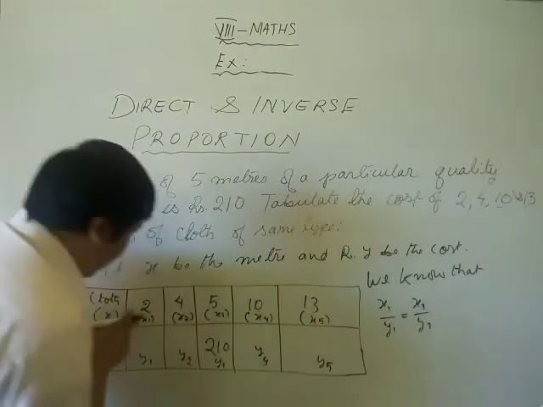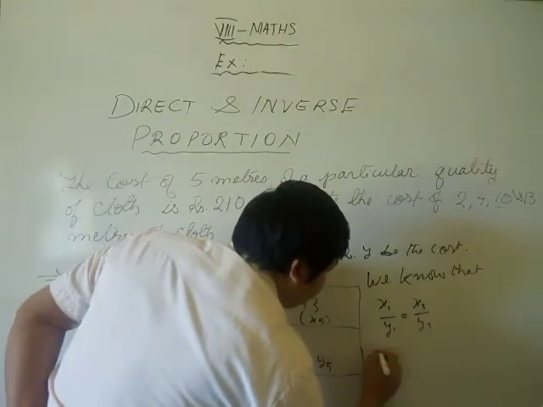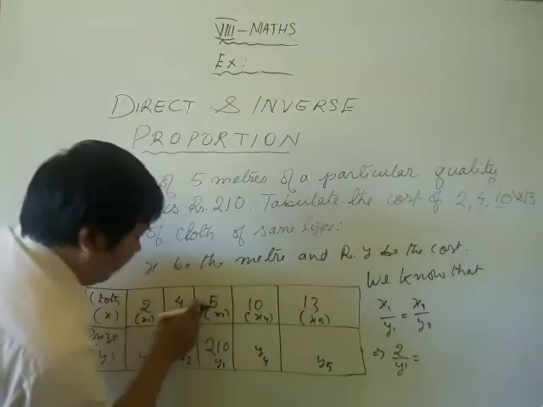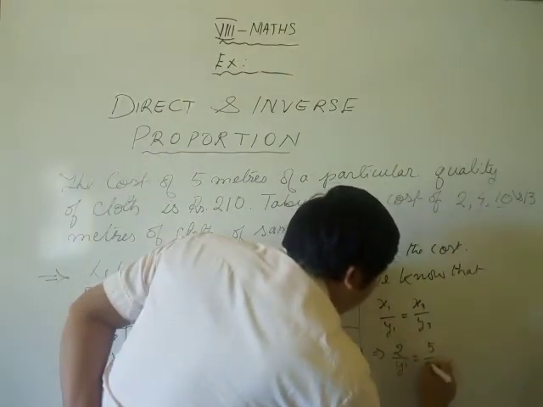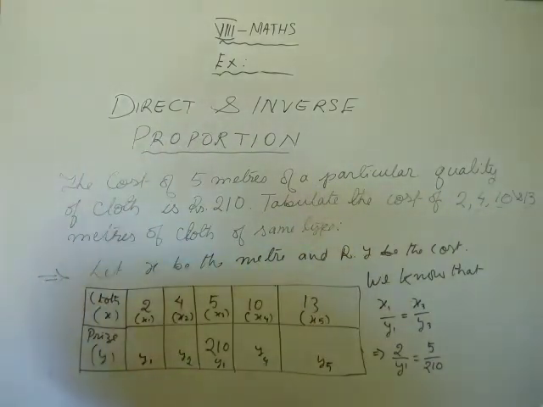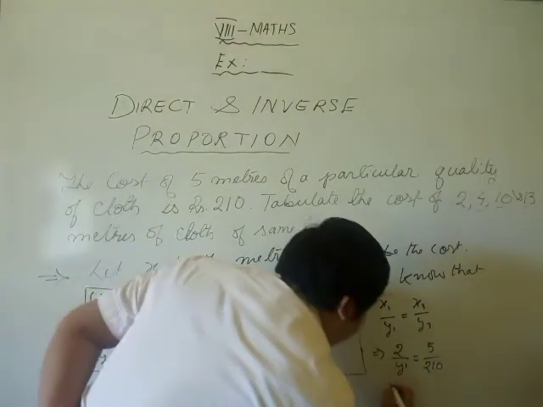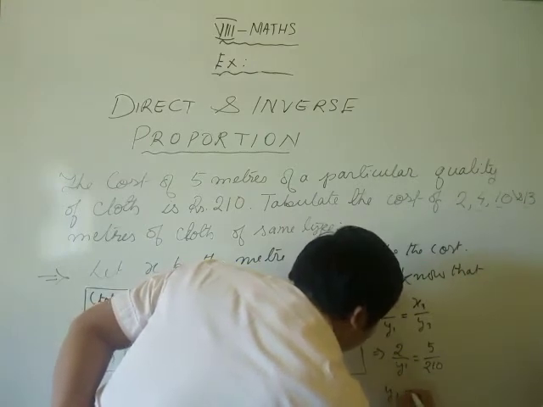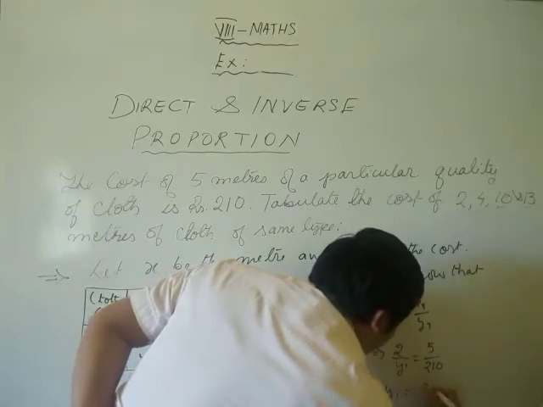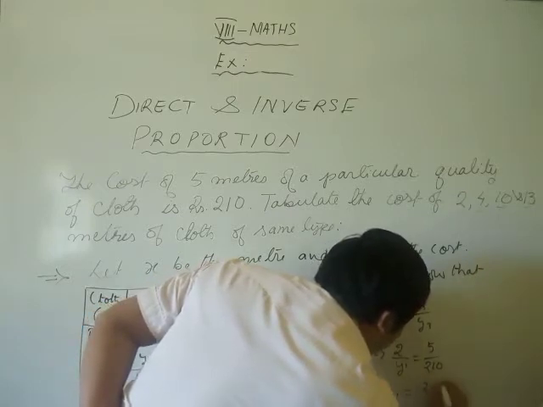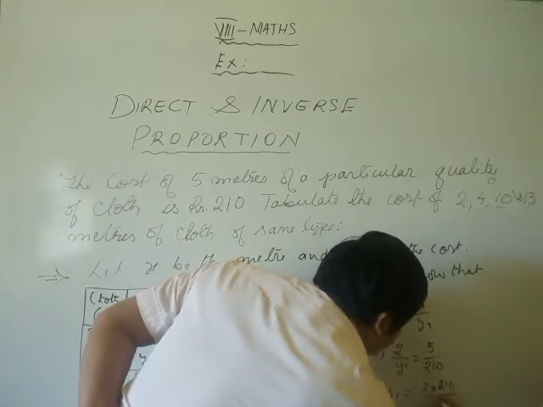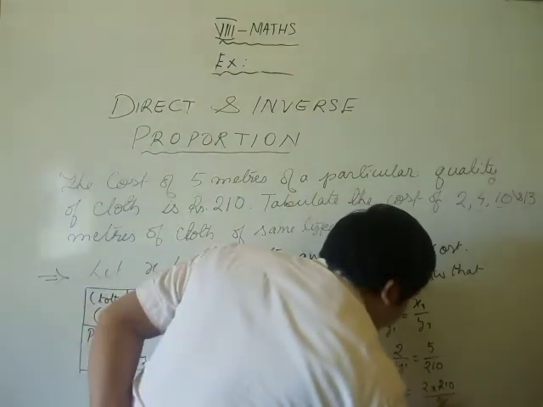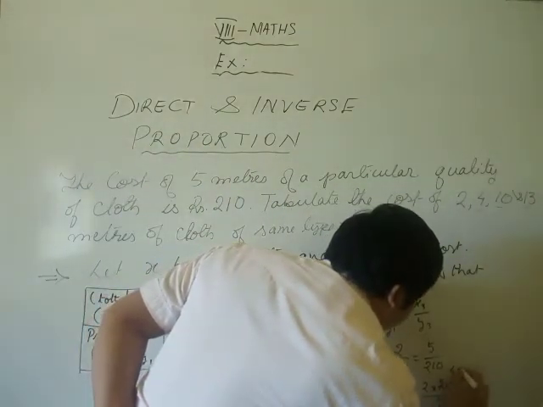The value of x1 is 2 here, and x3 is 5, y3 is 210. Then y1 will equal 2 into 210 divided by 5. This 5 can cancel: 5 fours are 42.